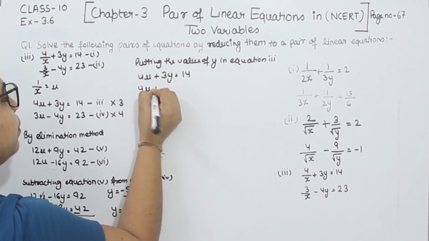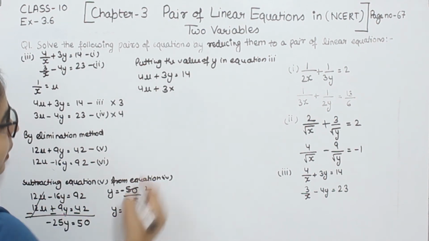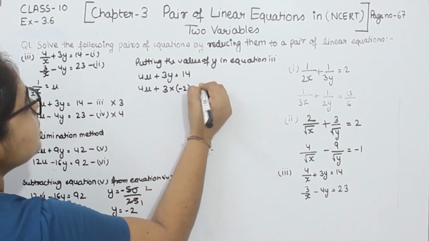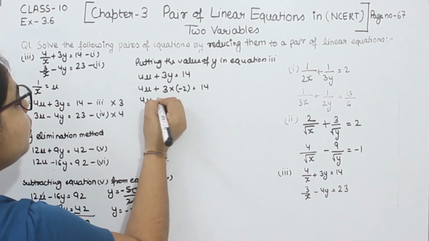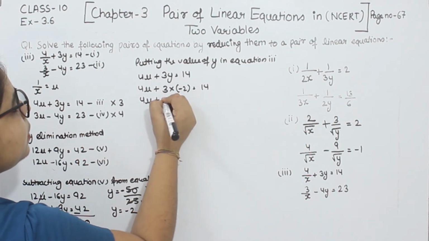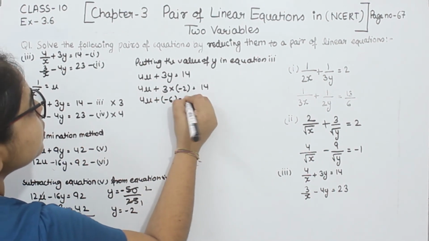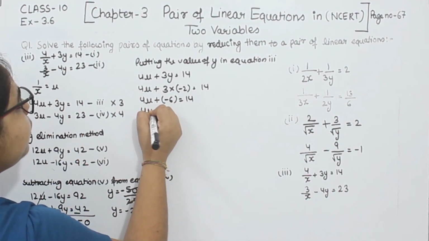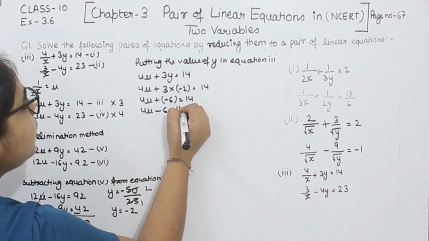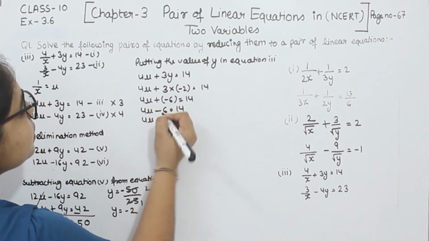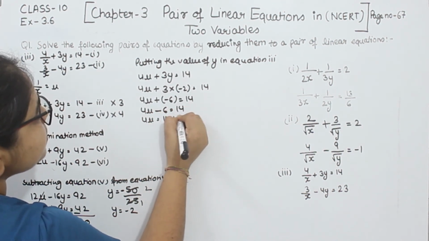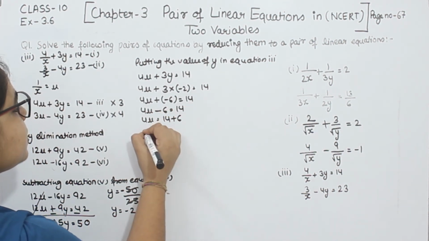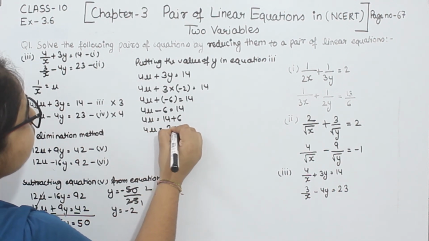Now 4u plus 3, the value of y we are having is minus 2, is equal to 14. Now 4u plus 3 times minus 2, is minus 6, is equal to 14. Now 4u minus 6 is equal to 14. Now we transpose this 6 here. Now 4u is equal to 20.